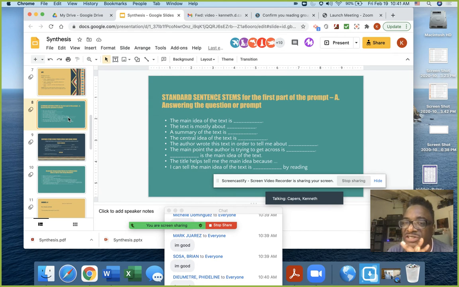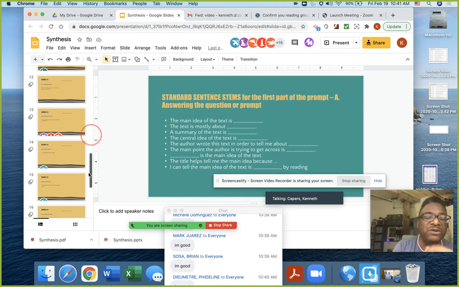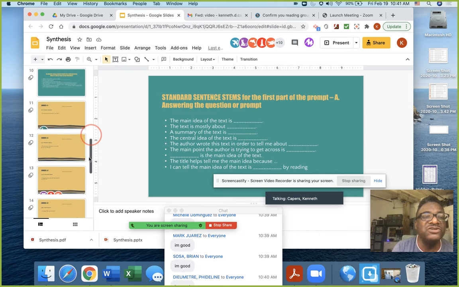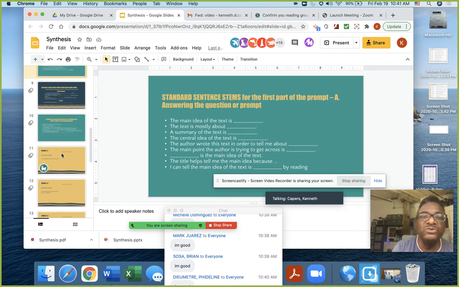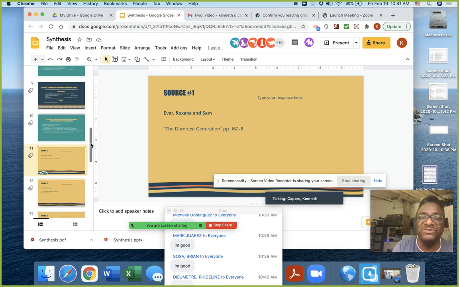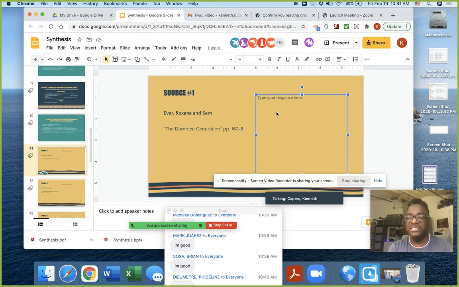The first thing you're going to do, though, is not try to type. You got to talk to people in your group. All right. And when I have you share the document, you're going to go to whichever one has your name. That's who the people you're going to be in group with as well. You will write on source one. And if you click right here, no matter how much you write, it'll just make it smaller if it has to. Everybody should be able to fit whatever you want to say in there. Questions? Comments?